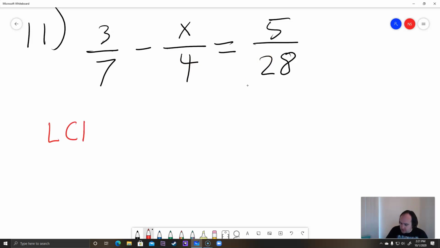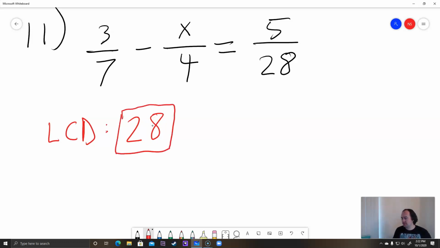But fortunately, the biggest number is 28. So if we list the multiples of 28, we actually get lucky. Because if I write 28, we know that 7 goes into 28, and 4 also goes into 28. So actually 28 is the LCD. Okay, so it's not quite as hard as it looks.